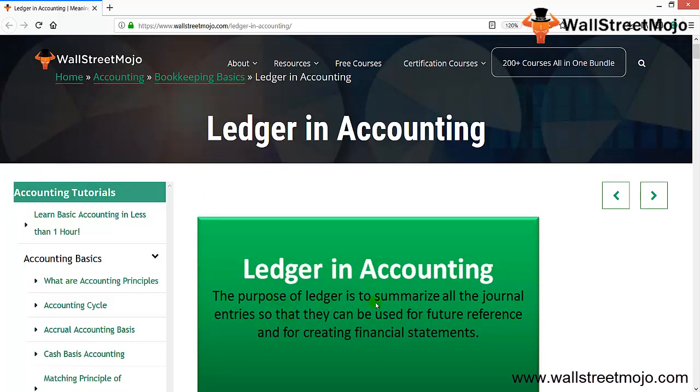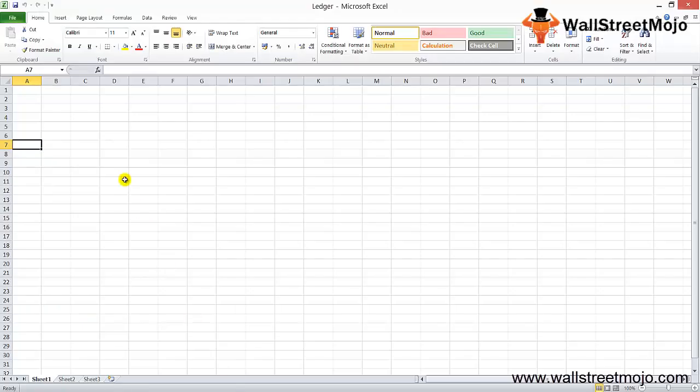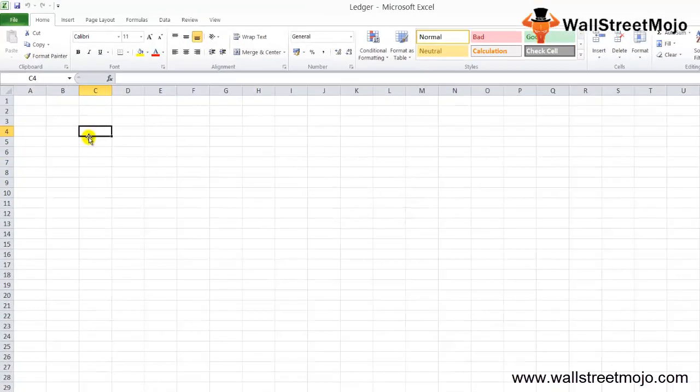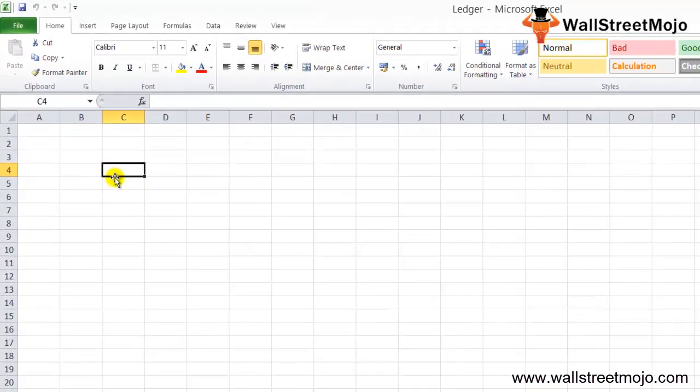The purpose of the ledger is to summarize all the journal entries so that they can be used for future references and for creating the financial statements. Let's understand this. The ledger in accounting is called the second book of entry.